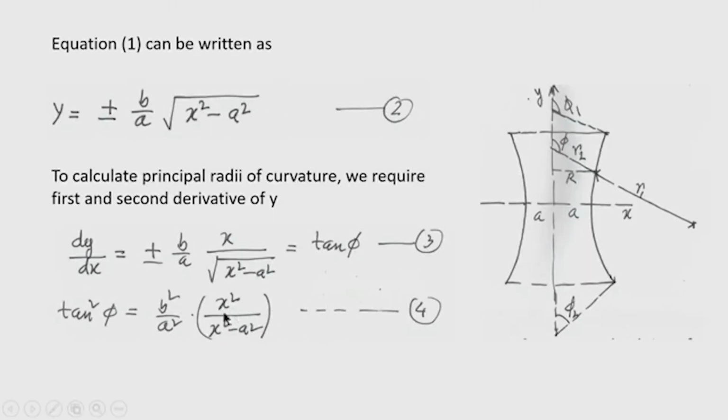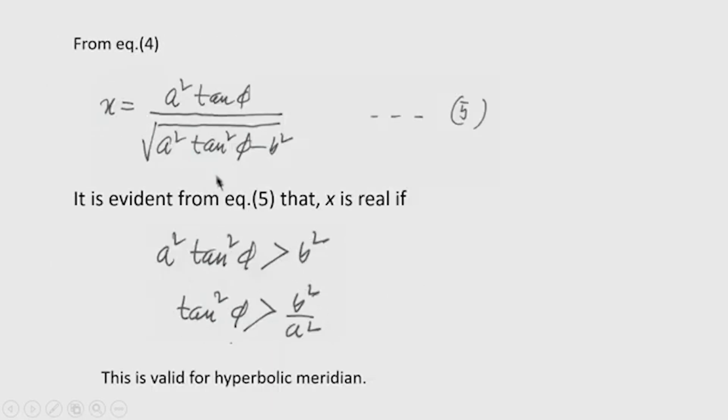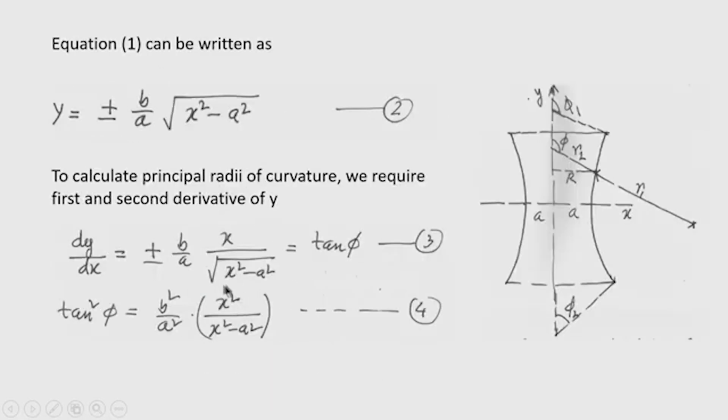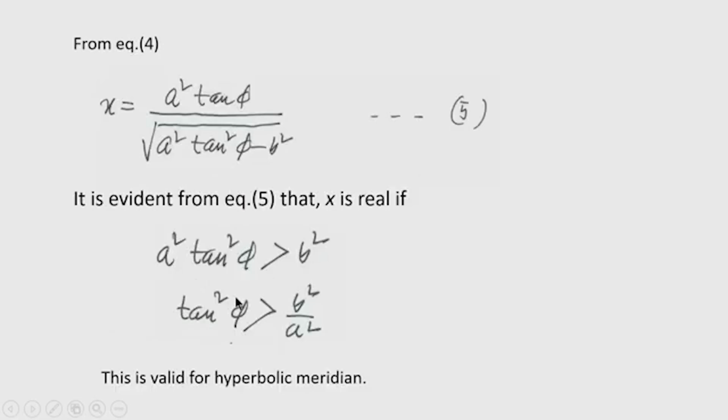Now, from equation 4 we can obtain x. Just by simple algebraic manipulation, we obtain x as a square into tan phi divided by root over a square tan square phi minus b square. Now, this equation can be examined very carefully to see the range in which x is valid.